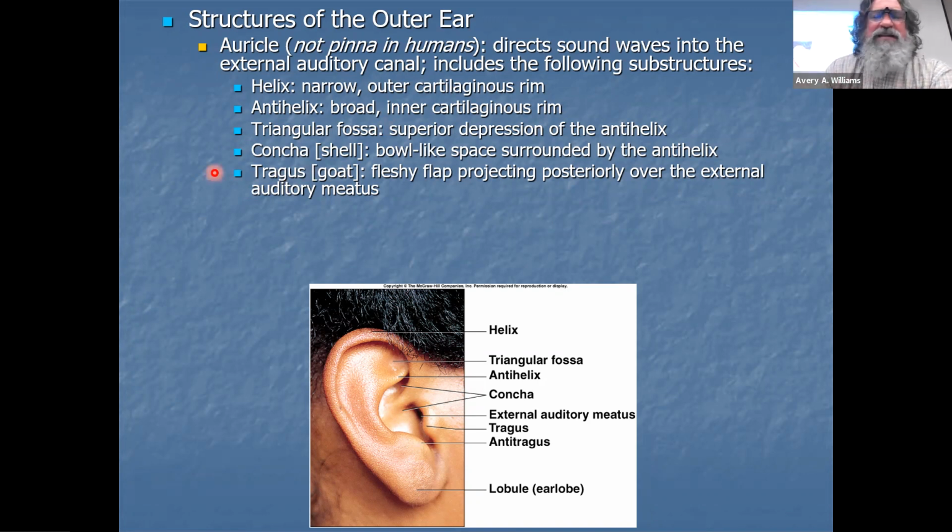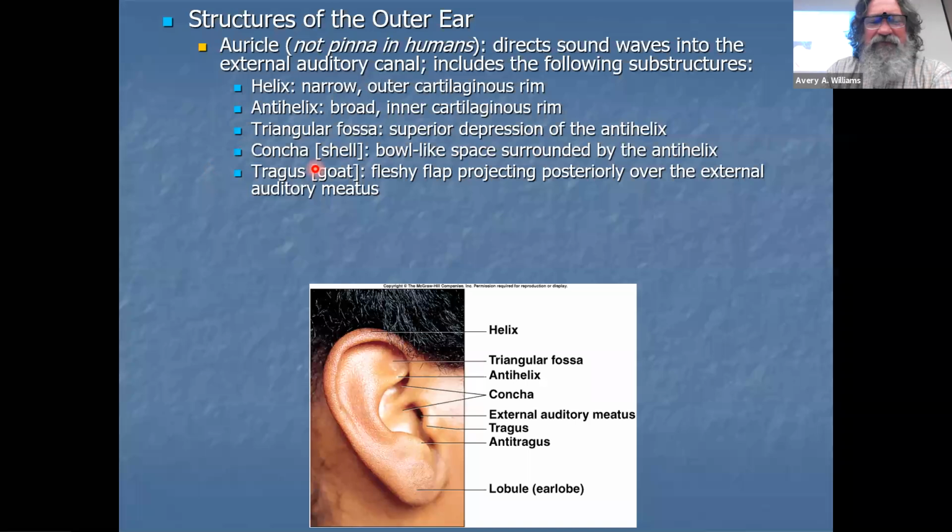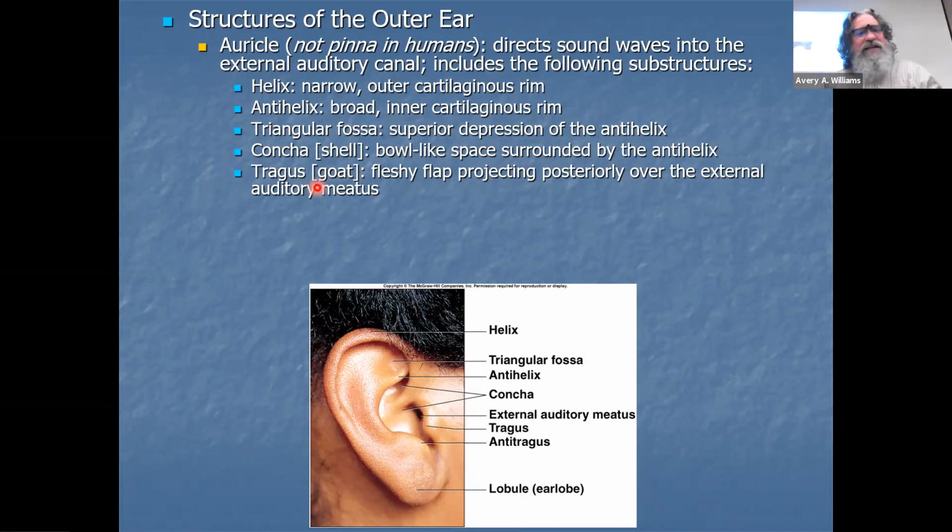So what's the tragus? What's so fun about a tragus? Well, the bat ears, everybody knows bats can hear really well. And the morphology of their tragus is species specific. So you can identify bat species based on the shape of their tragus.